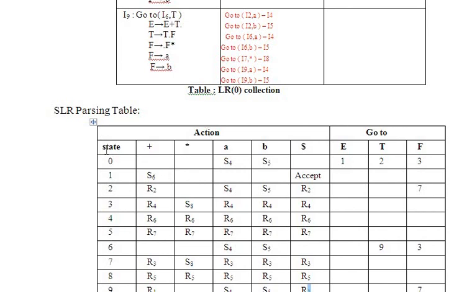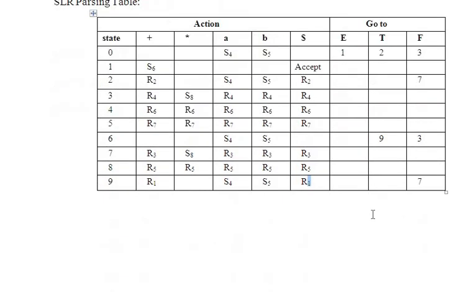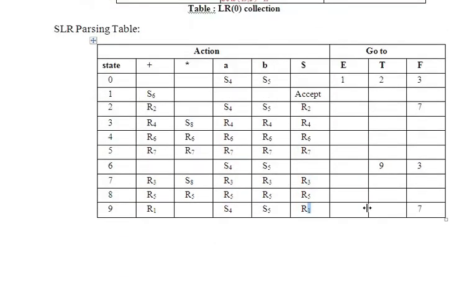In action, you have the different input symbols of the given grammar, state and the dollar sign, and in goto, the total number of non-terminals used in your grammar. So thus you can construct the SLR parsing table.